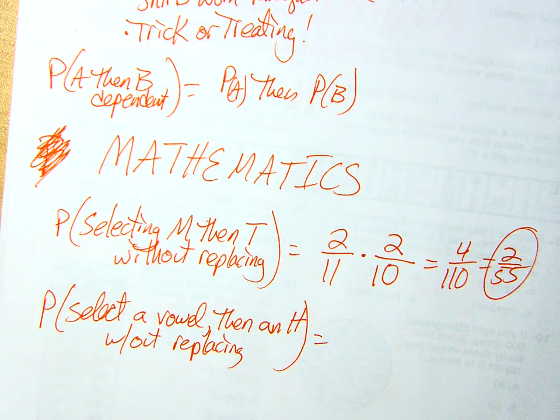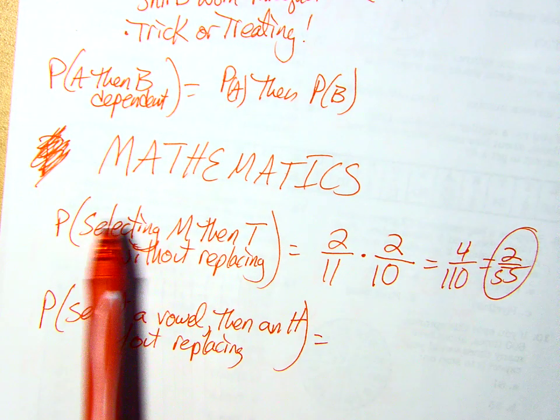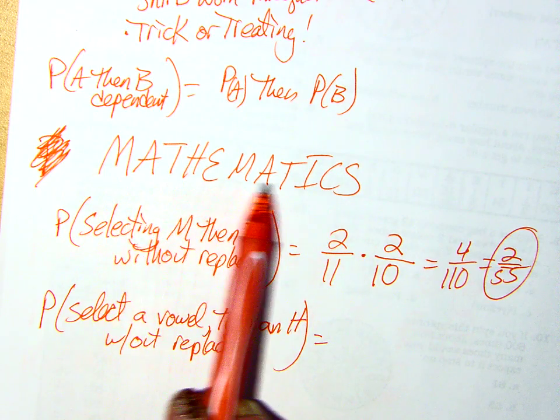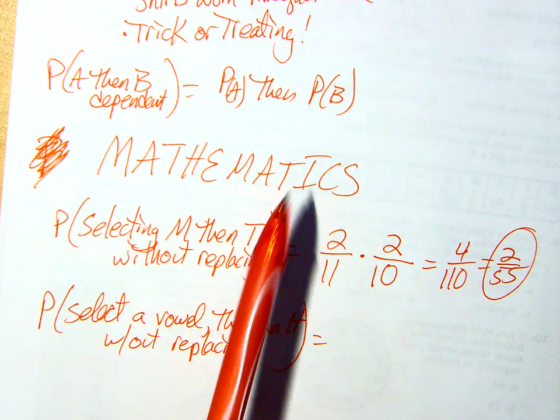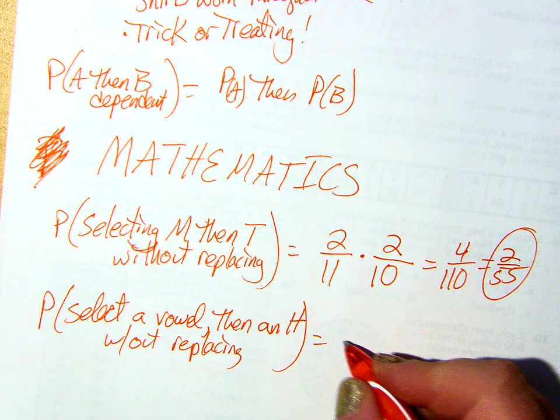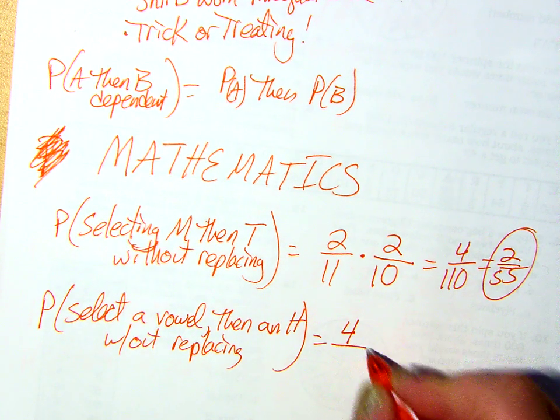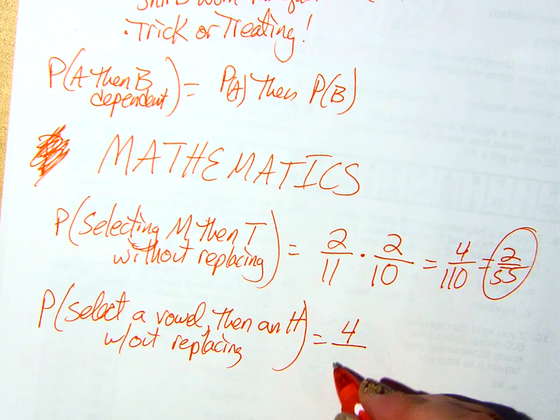A, E, I, O, U. Yes. Sometimes Y, but it doesn't matter this time, so we don't worry about it. So how many total vowels do I have to choose from? 1, 2, 3, 4. Right? So when I go to pull out that first card, there's 4 chances for me to get a vowel out of 11.